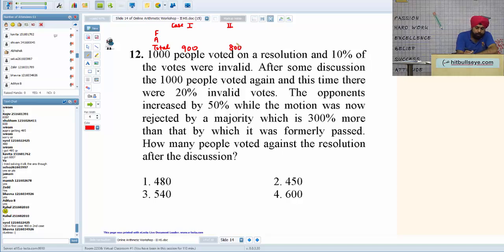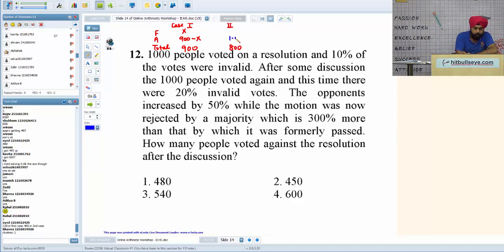Now in case 1, if I say there are X people who voted in favor, I can say there are 900 minus X who were against. Now it says that the people who were against, or who were opponents, their number increased by 50% in the second case.